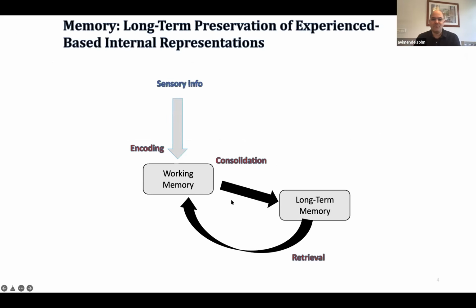The main scheme of memory, as we are familiar with, is that the stages of memory usually start from sensory information that is encoded and can be consolidated into long-term memory, retrieved and reconsolidated.